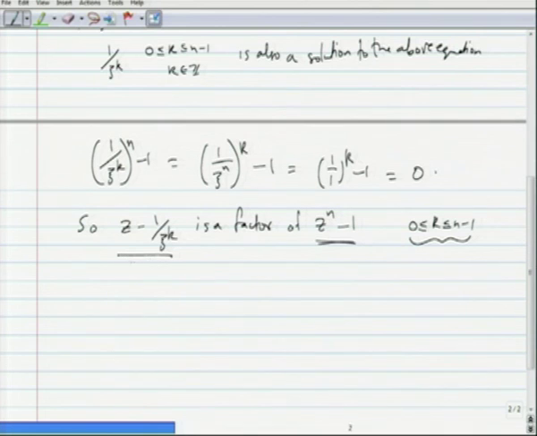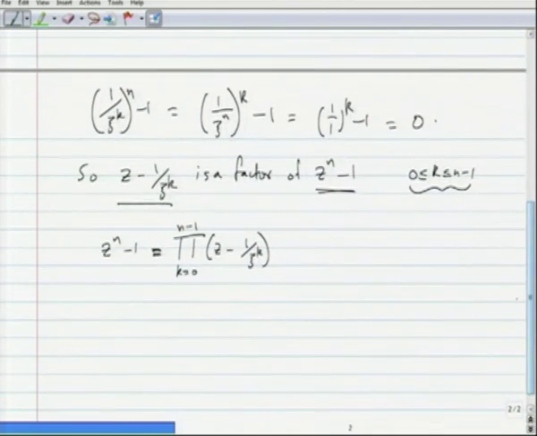Then z power n minus 1 is equal to the product from k equals 0 through n minus 1 of z minus 1 by zeta power k. These are all distinct roots, which is also important. So, we have distinct factors and the product of these n factors gives us z power n minus 1.